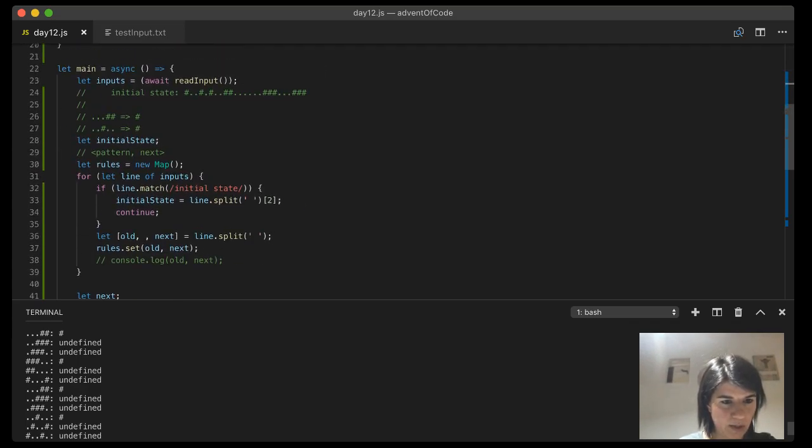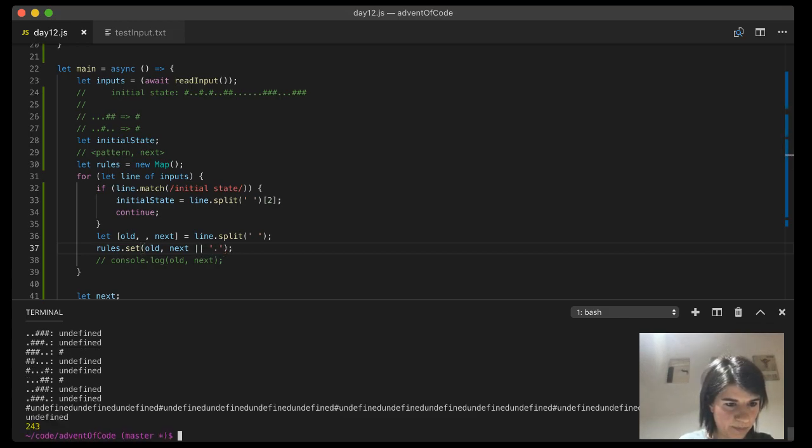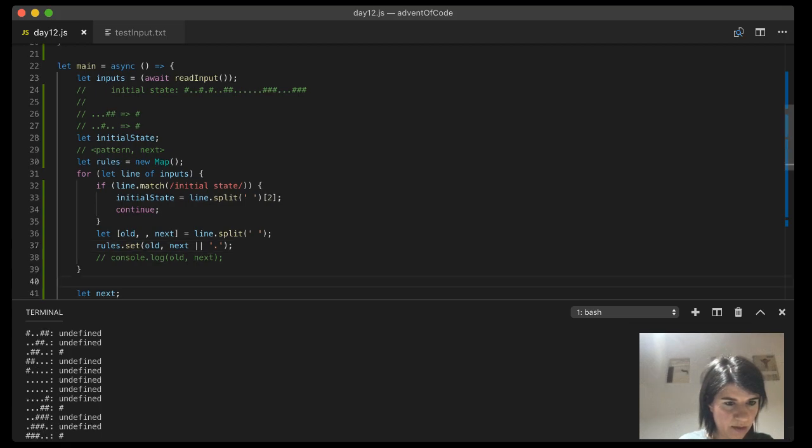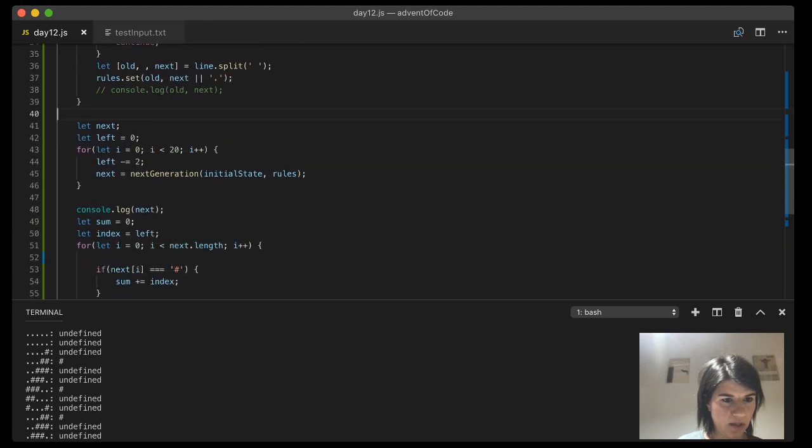So where was I doing this? Old next, and I'm using next, and if next wasn't set, I'm using a dot. Nope, nothing. Rules.get, said old is either next or dot.